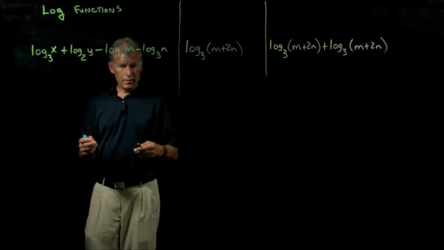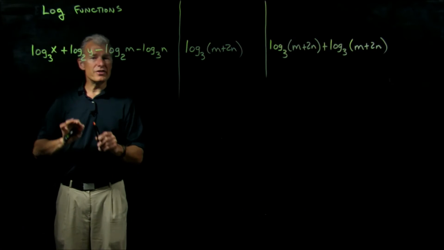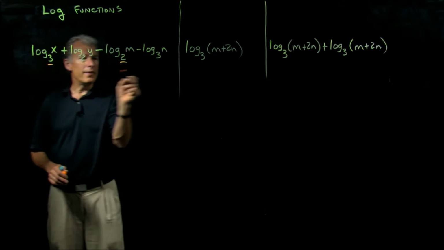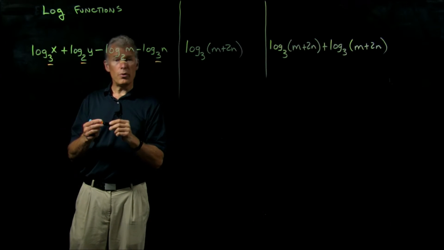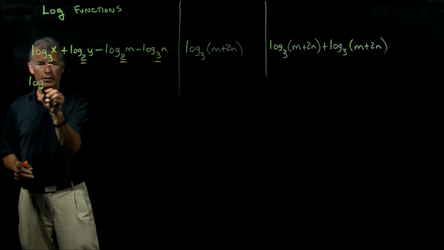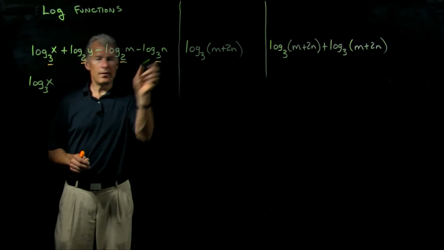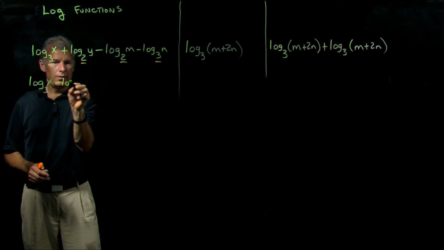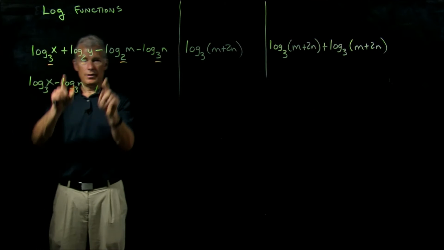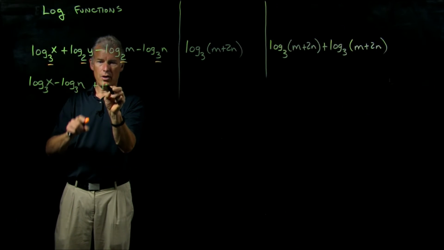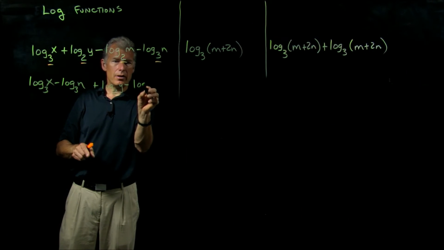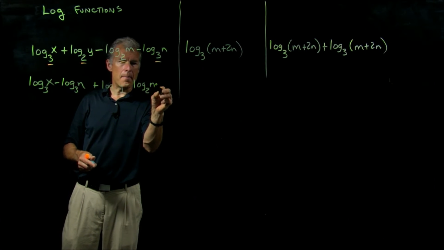Okay. So this looks very similar to before, but notice those are 2's and those are 3's. So what we should do really is just reorganize this. So I have log base 3 of x minus log base 3 of n. So I'm just going to group these together. And then over here I have my log base 2 of y minus my log base 2 of m.